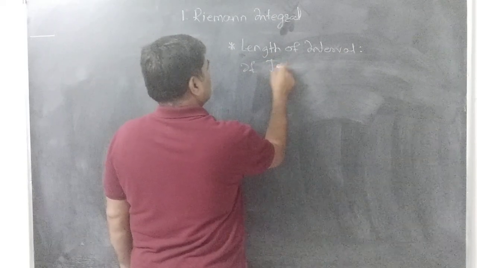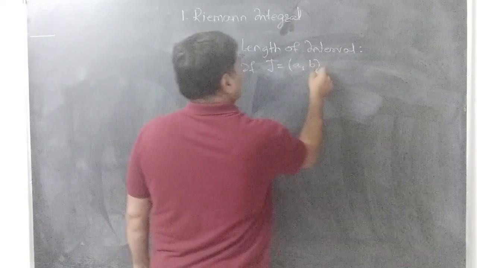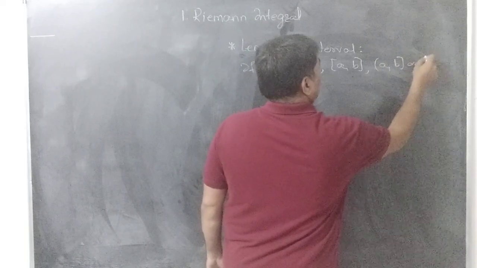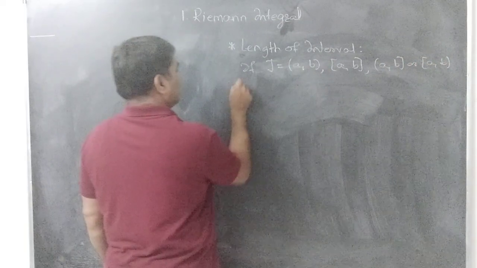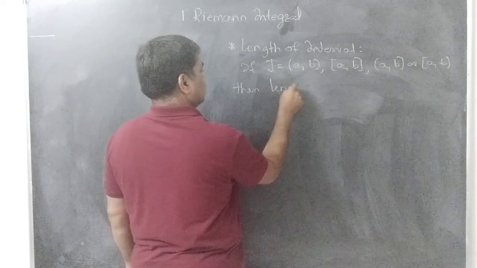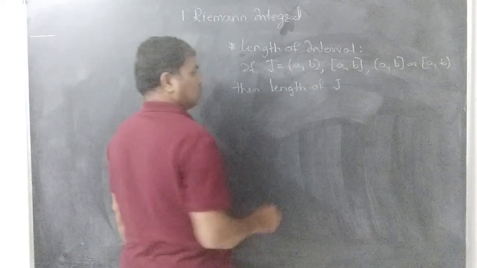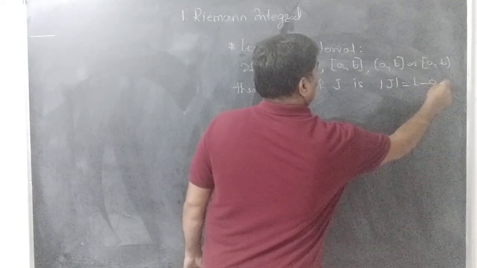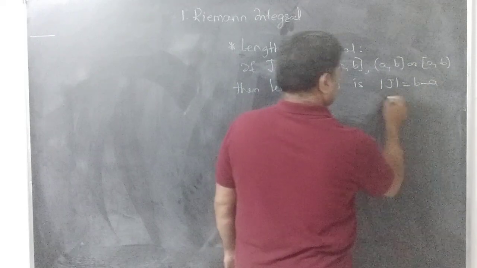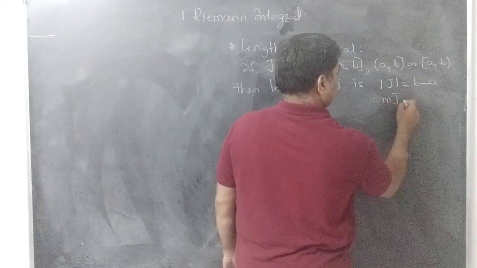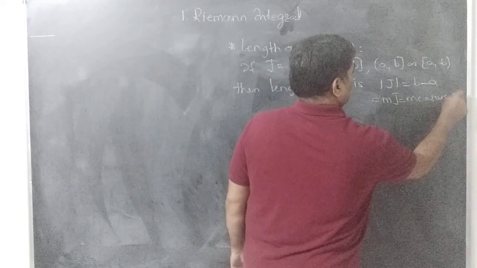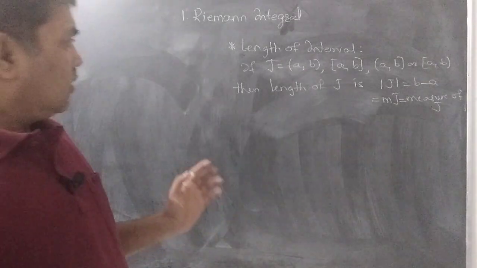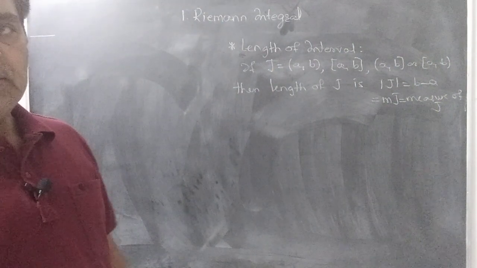If J is equal to an open interval (a, b), closed interval [a, b], or open-closed interval (a, b], or closed-open interval [a, b), then the length of J, mod J, is equal to b minus a, and this length is also known as the measure of J. So the measure of an interval is defined in this way.